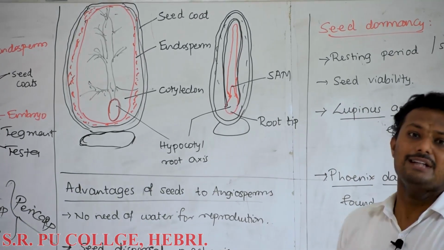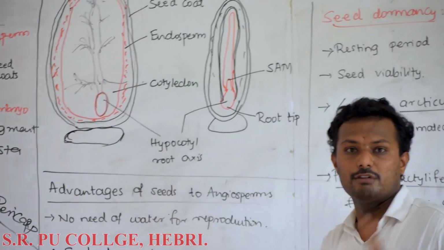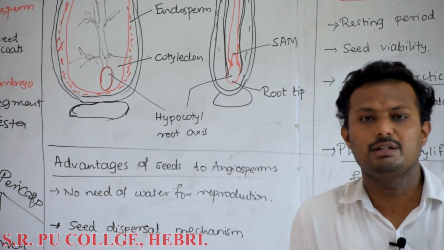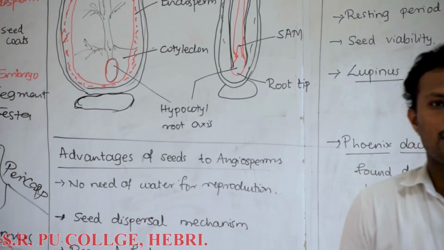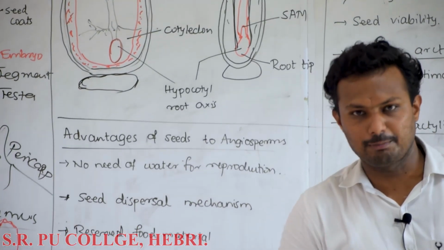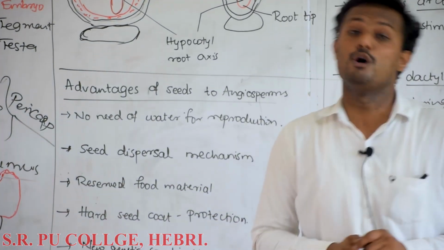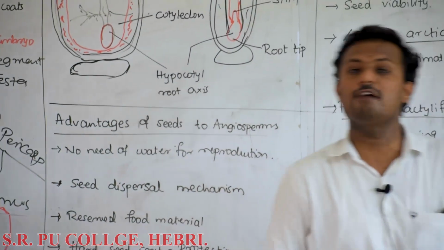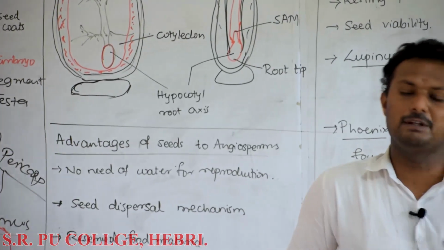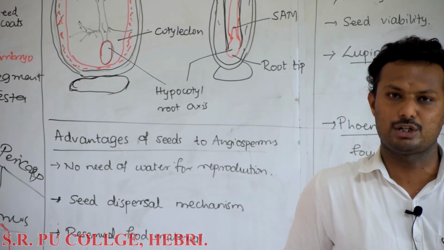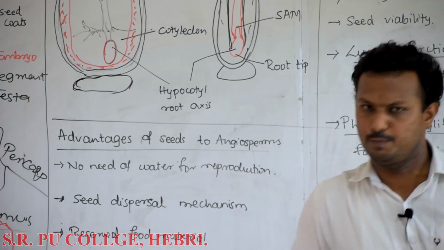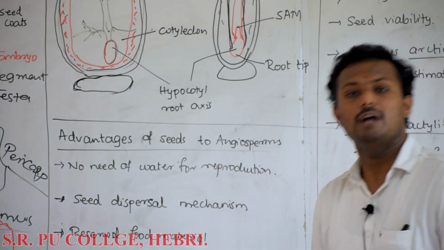Now, advantages of seed production for angiosperms. You know that seeds are produced only in two divisions of the plant kingdom, that is the gymnosperms and the angiosperms. Of course, gymnosperms also have a wide range of advantages of seed production, as well as the angiosperms. So what are those advantages?